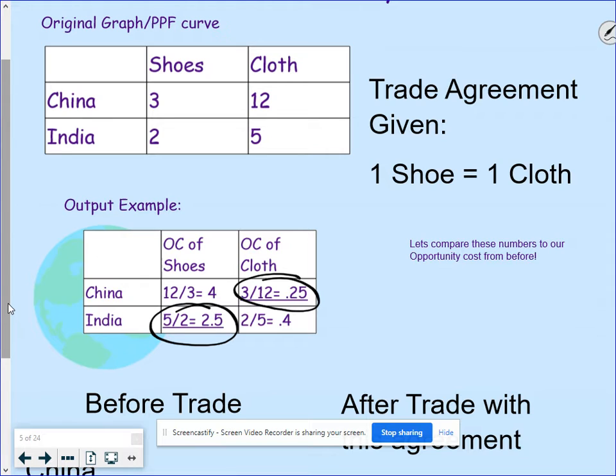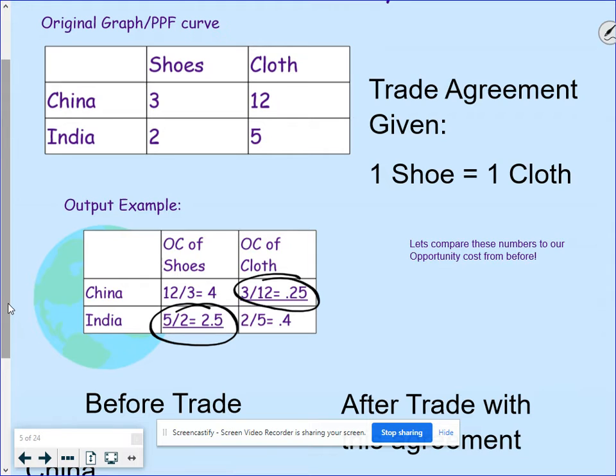Who makes cloth and only cloth? China. What's China making? Cloth. And how many shoes are they making? None. Yeah. Because they are specializing and they're focusing on this.